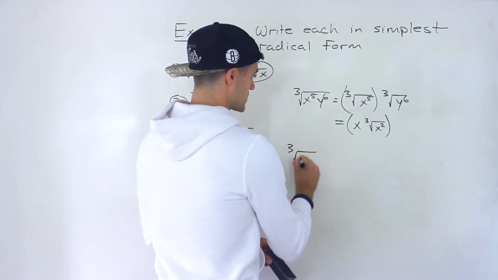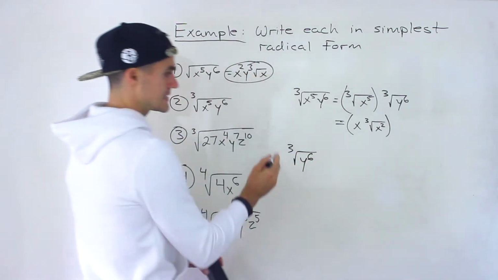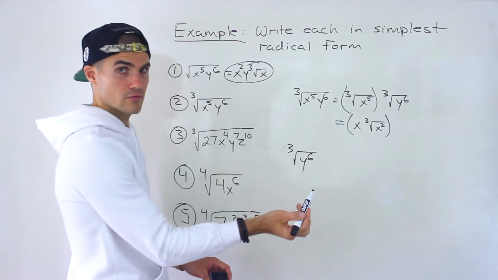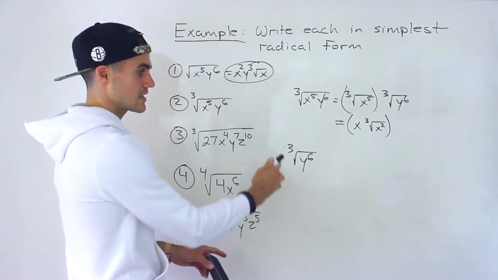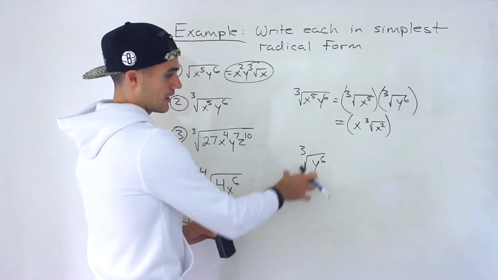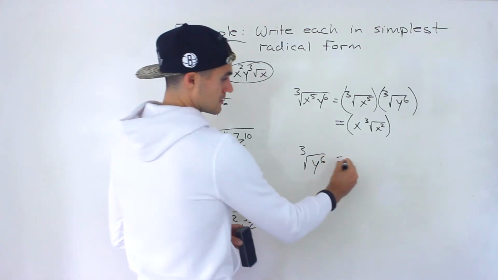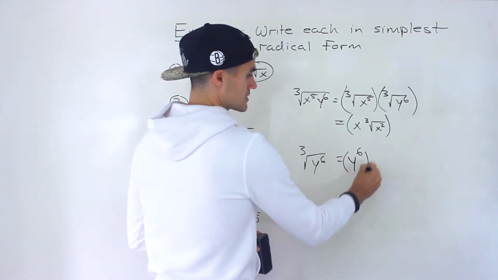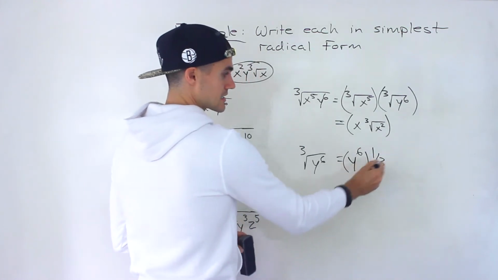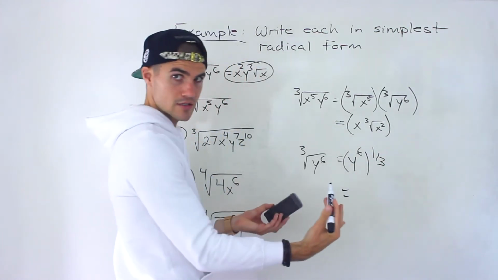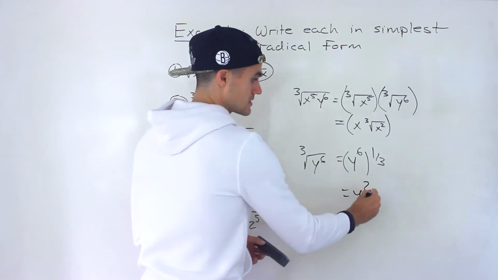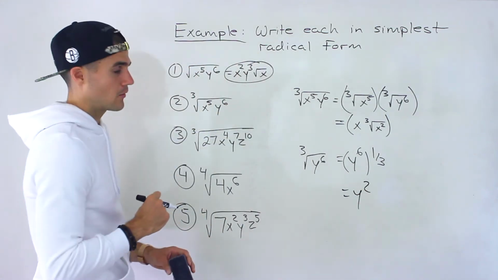Right, so that's that. And then we got the third root of y to the 6. Well, this one's going to be easy because 6 is a multiple of 3. A number that's less than or equal to 6 and a multiple of 3 is just 6. And so we could rewrite this as y to the 6 to the power of 1 over 3. 6 times 1 over 3 gives us 2, a smooth integer, as expected. So this ends up just being y to the power of 2.